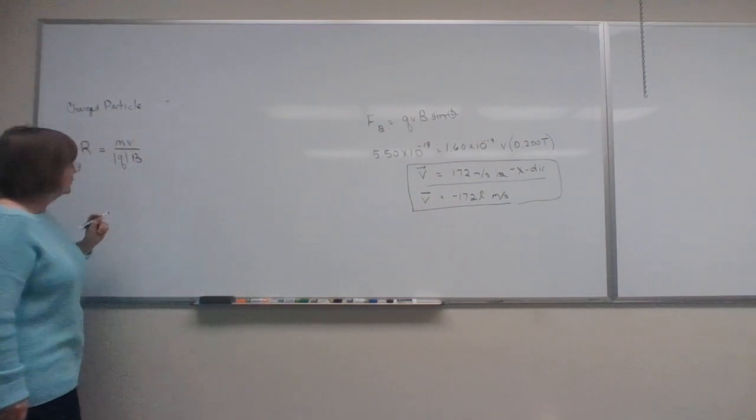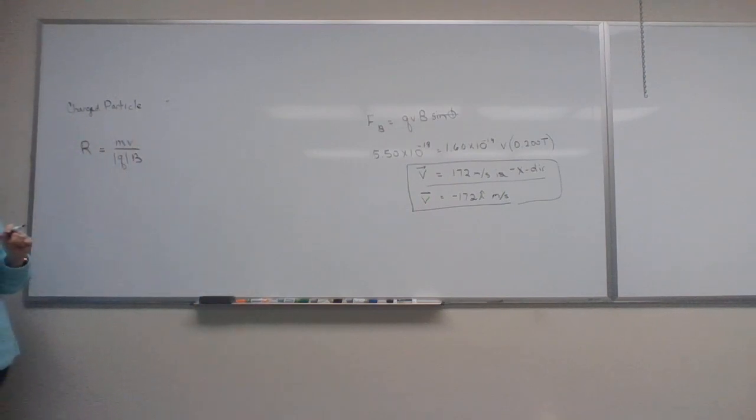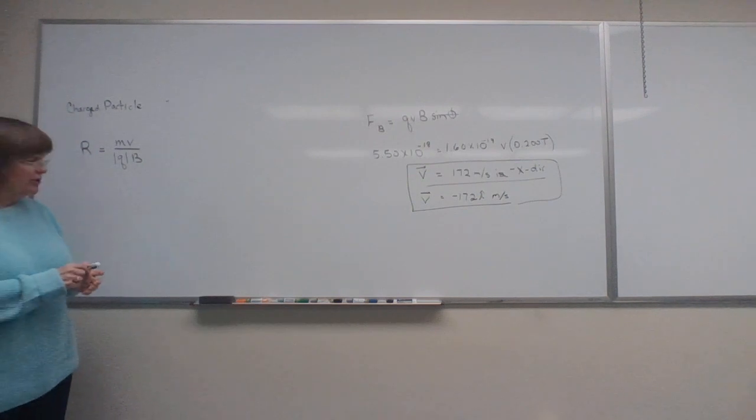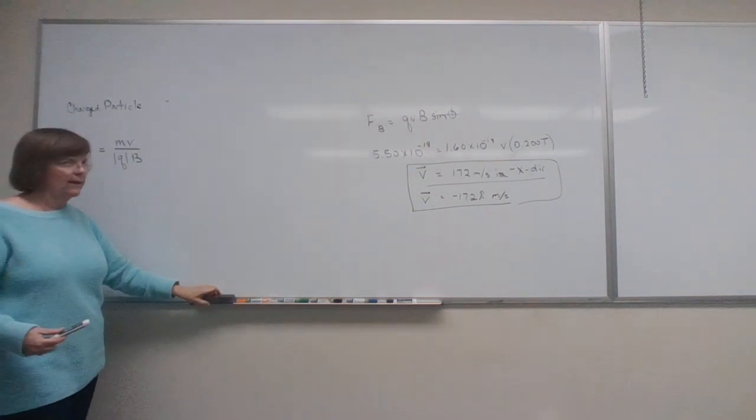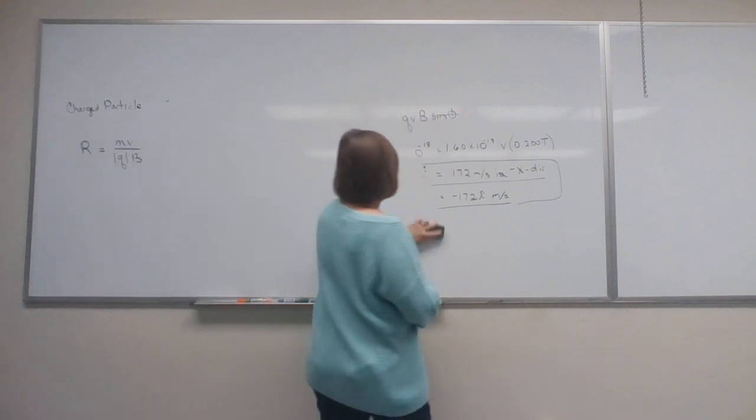I put Q in absolute value. Again, we'll treat all of the charges like they're positive, but then if they're negative, we'll just know that the force is in the opposite direction, and it will make a circle going in the opposite direction.